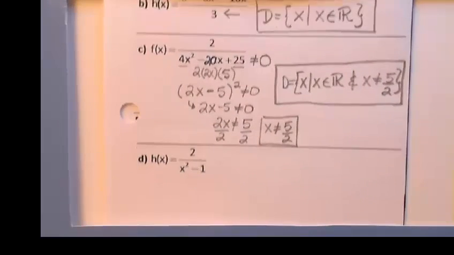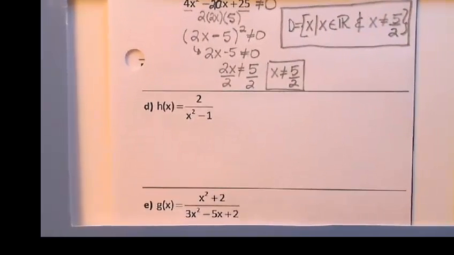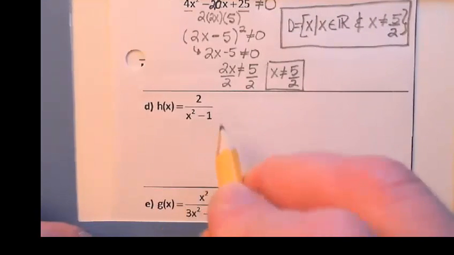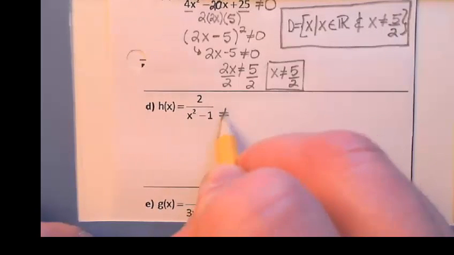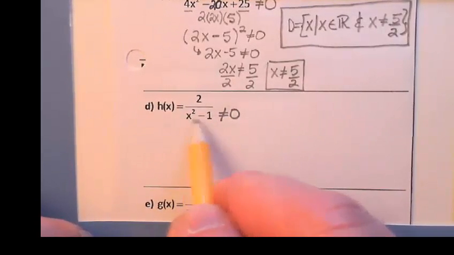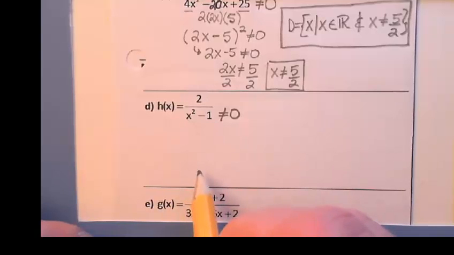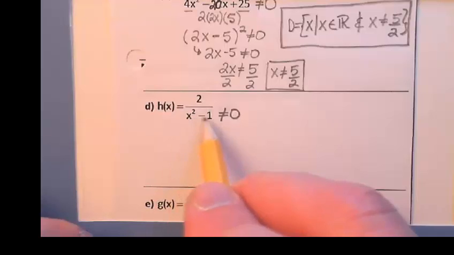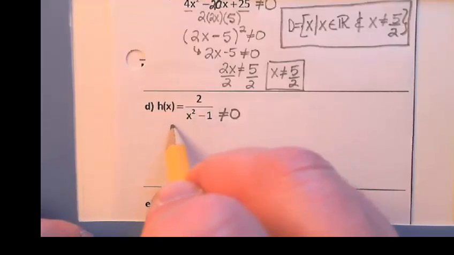So now we're ready to move on to the next one. The next one is letter D. H of x equals 2 over x squared minus 1. And as always, we want to make sure the denominator is different than 0. First thing I ask, can I factor anything from both terms? The answer is no. Can I use special factors? Well, I have perfect squares. So guess what? I can.